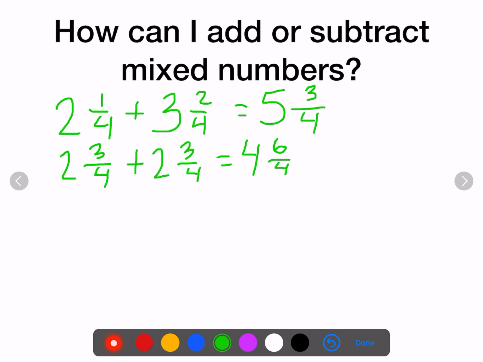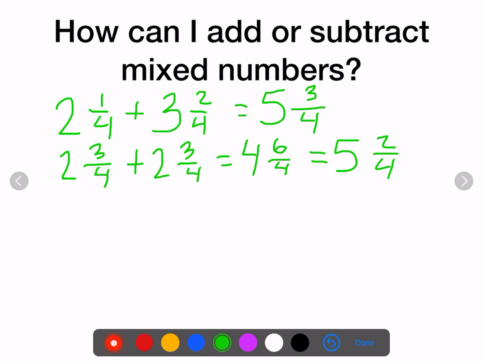You can leave your answer this way if you'd like, or since we know that 4/4 is equal to 1, your answer would be equal to 5 and 2/4. We can add that 1 onto the 4 and get 5 and 2/4. This is going to be important as we move on to subtracting fractions.